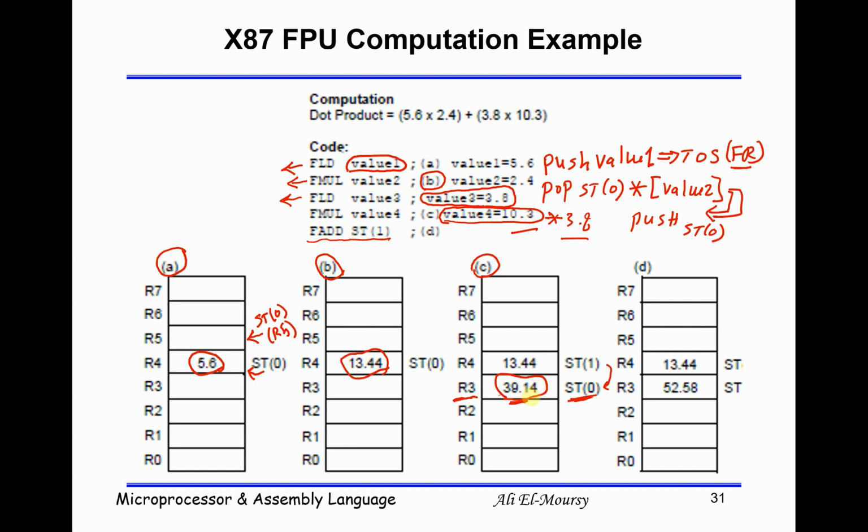It will pop the 39.14, then add the value at ST1, which is 13.44, to give me the value 52.58, and push it to the top of the stack, which is still at register R3.